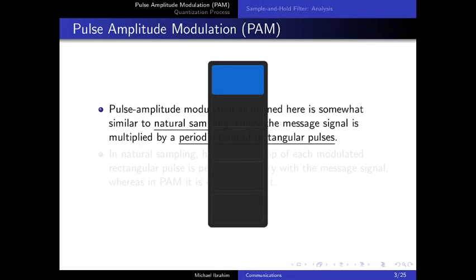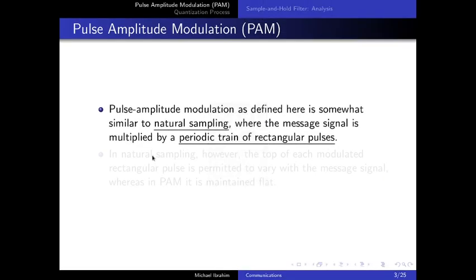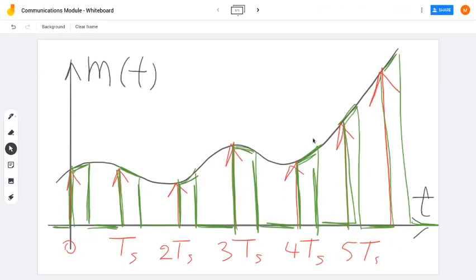Going back here, it says that the pulse amplitude modulation we have defined is somewhat similar to natural sampling, where the message signal is multiplied by a periodic train of rectangular pulses. As we can see over here, the message m(t) is multiplied by rectangular pulses instead of impulses.